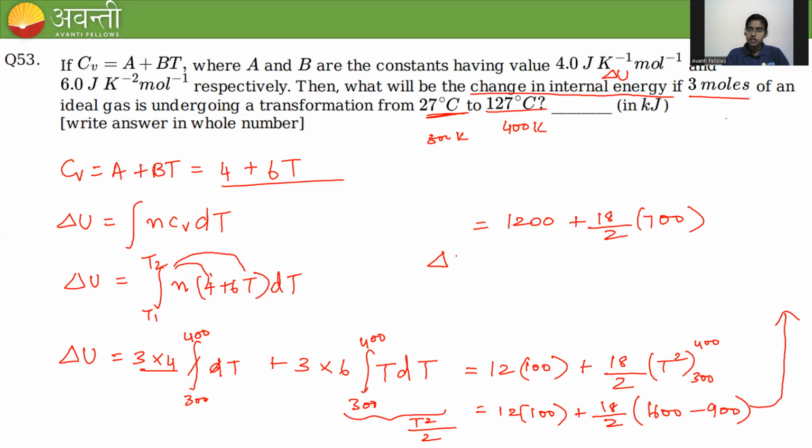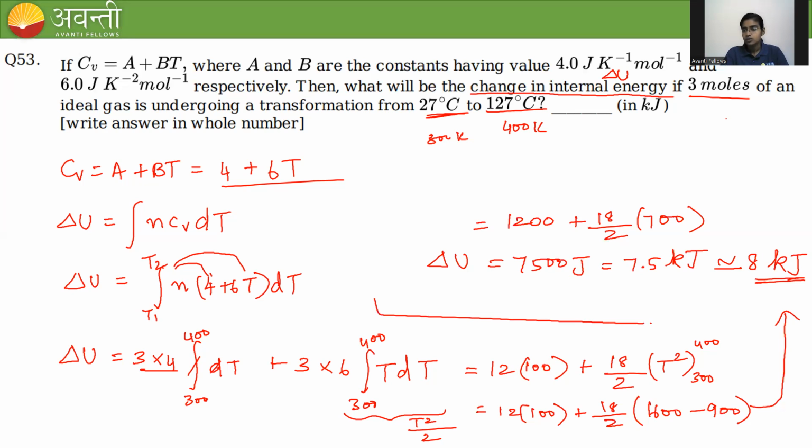So from this we will get delta U value as 7500 joule, which is equal to 7.5 kilojoule and it is approximately equal to 8 kilojoules. So this is the answer in terms of whole number. So delta U is approximately equal to 8 kilojoule per mole.